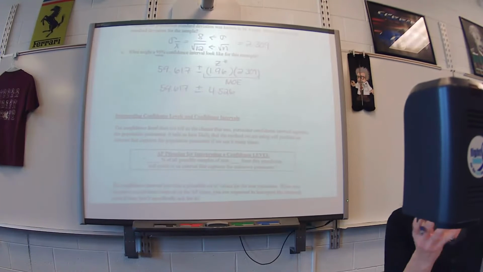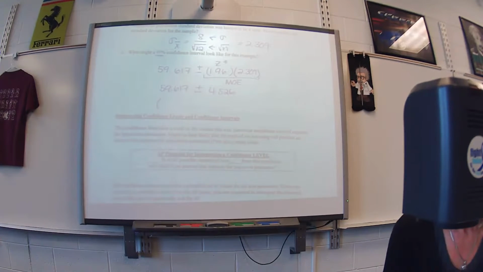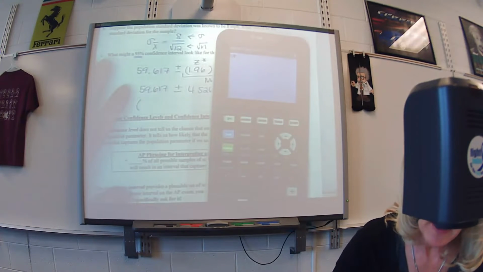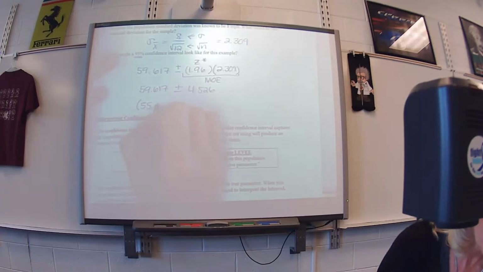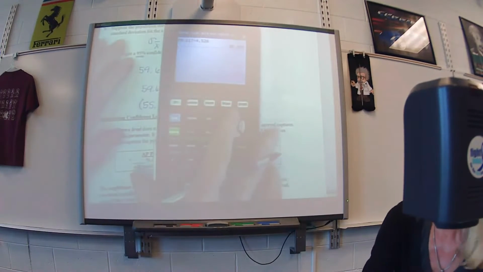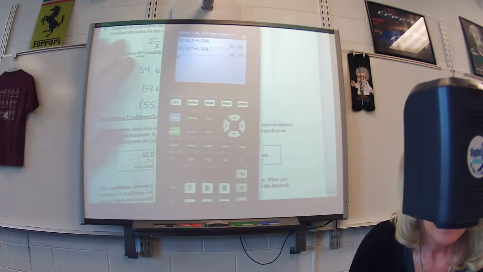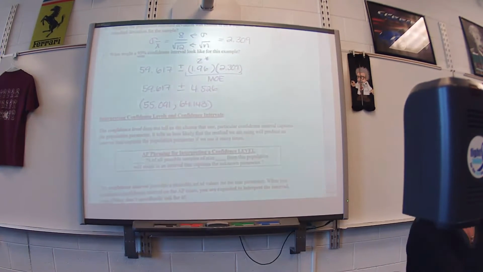Now, technically, that is a confidence interval right there. That really is. But it's much more common to actually do the subtraction and the addition. So I'm going to start by saying 59.617 minus 4.526, so 55.091, up to, and then I take the same math, except I change the minus sign into a plus sign, 64.143, and that is now my 95% confidence interval.